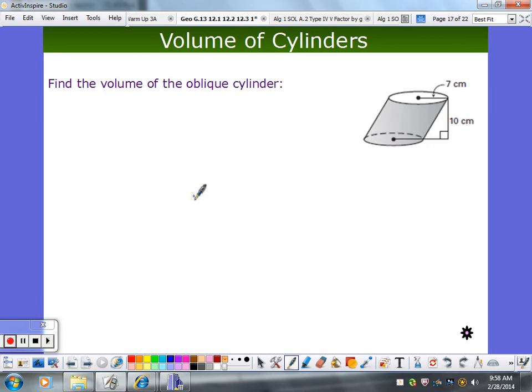So now an oblique, here it is. It's the same formula. It's the area of the base, which is pi r squared, times the height of the cylinder. Let's see, what do I have here? Oh, you gave me everything I need. 7 squared, right? Height of the cylinder is when you stand here and drop a penny. 10. So what is that, 490 pi?